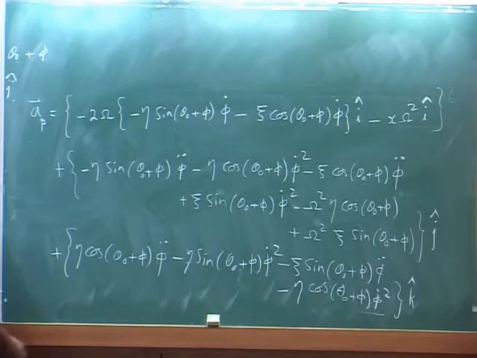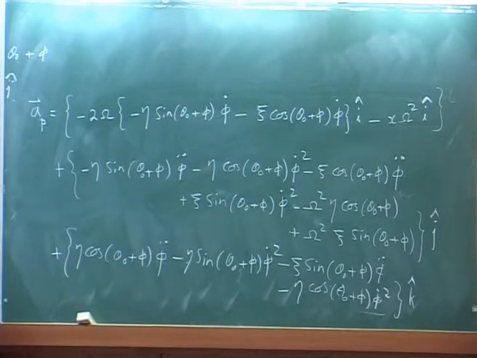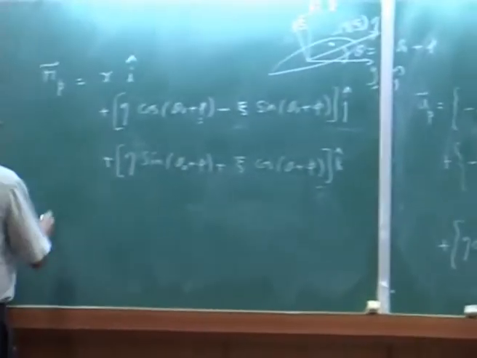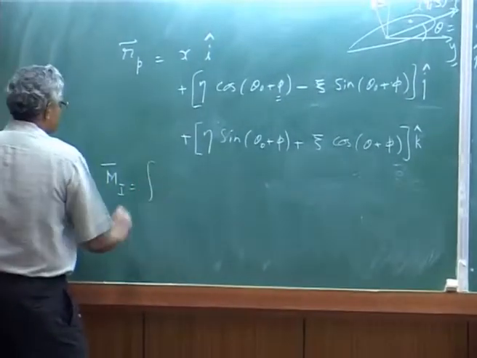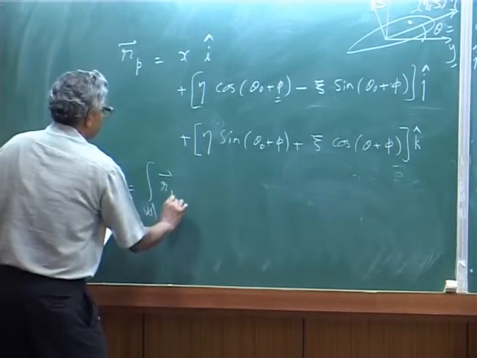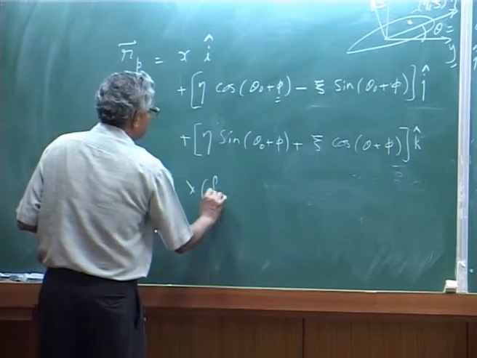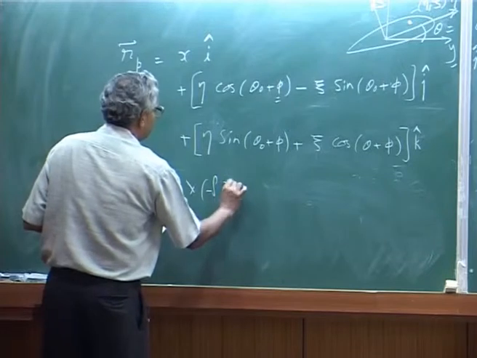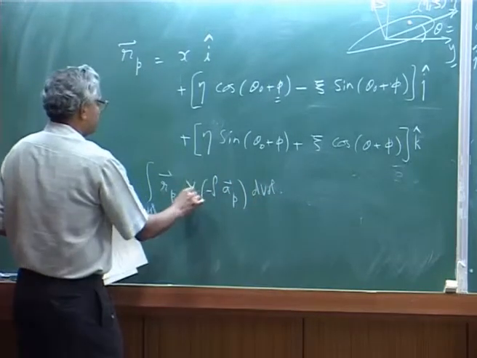Now, you want to write the equation of motion. So, inertia moment, you write inertia moment as a vector is integral over volume r cross p cross rho. Okay.